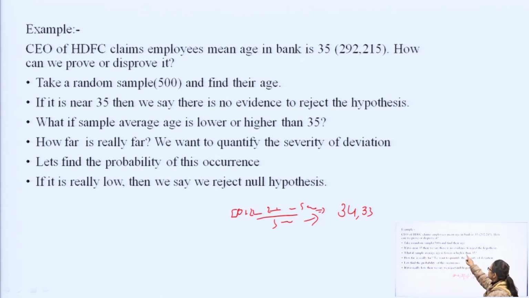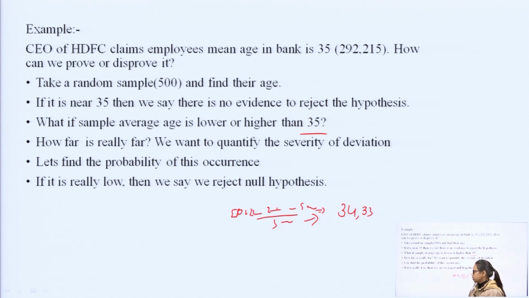So, we can say there is no evidence to reject the hypothesis. The assumption made by the CEO of HDFC is right, we cannot simply reject it. But what if the sample average age is lower or higher than 35?